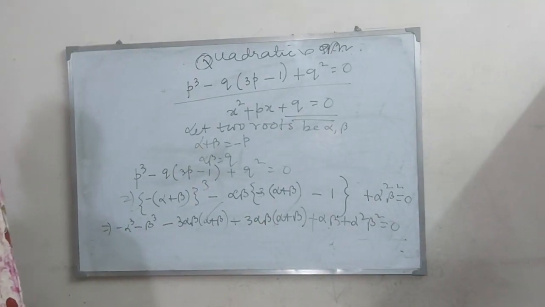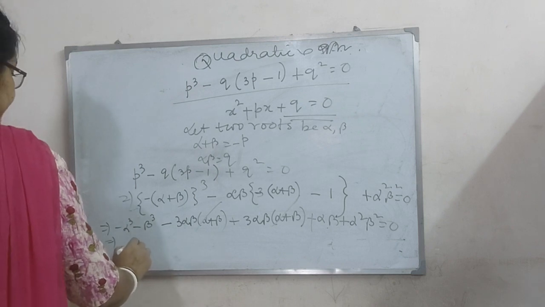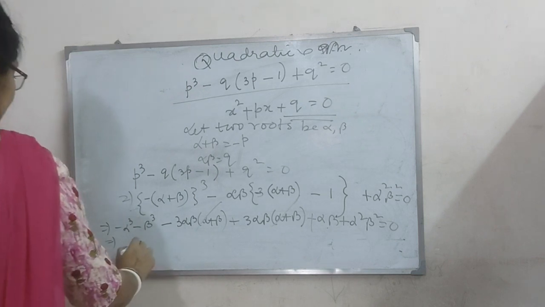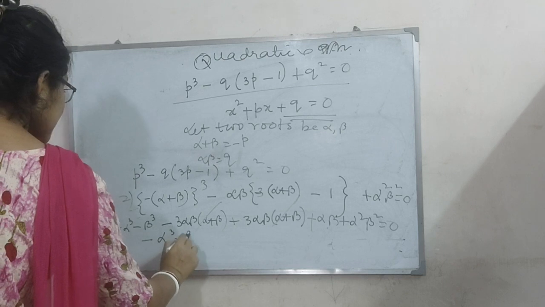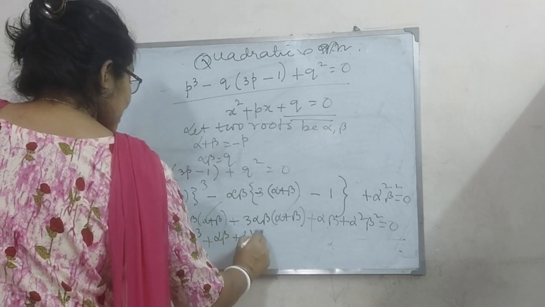This cancels out. So I will get minus alpha cube minus beta cube plus alpha beta plus alpha square beta square.